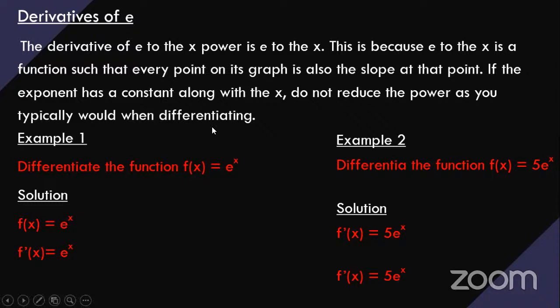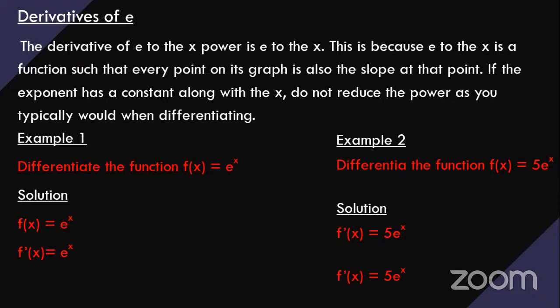So let's look at example 1 in this derivative of e. If we have a function f of x equals e to the power of x, the derivative of e says we should leave it the way it is.